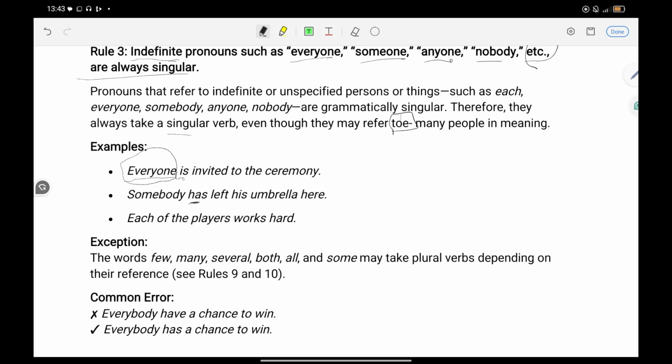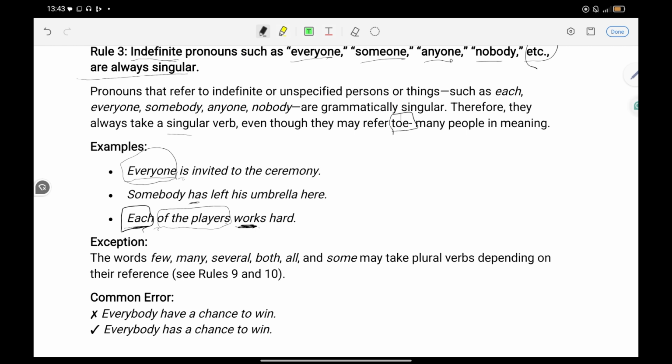You see, has left his umbrella here. Each of the players works hard. Don't be misled into thinking that because you have players here with an s, it should be work. No, it is each. And because you have each here, which is an indefinite pronoun, it takes a singular verb, works.